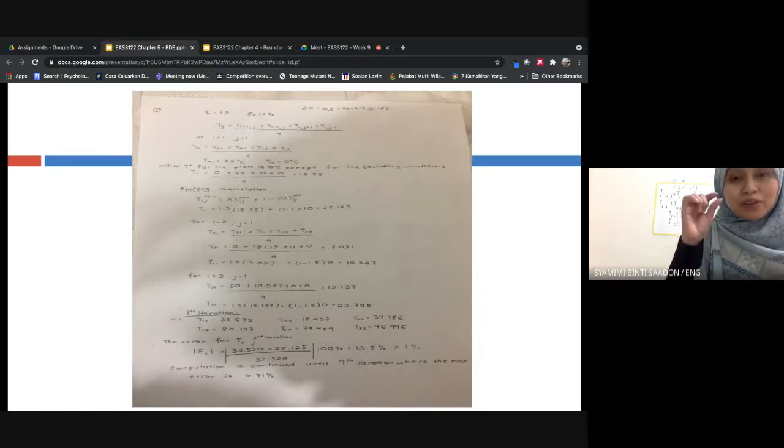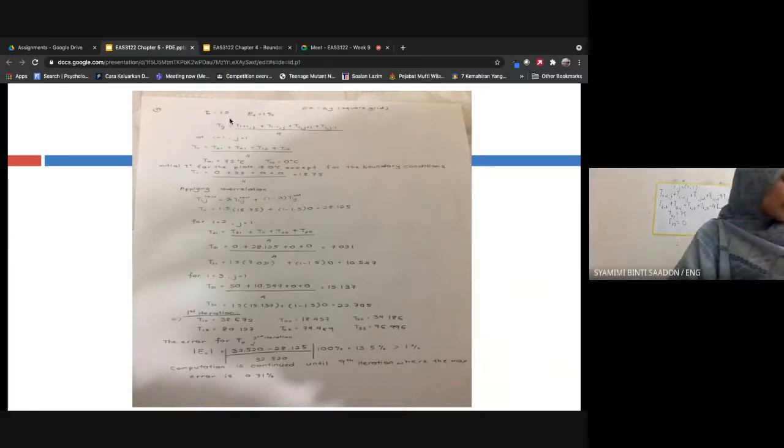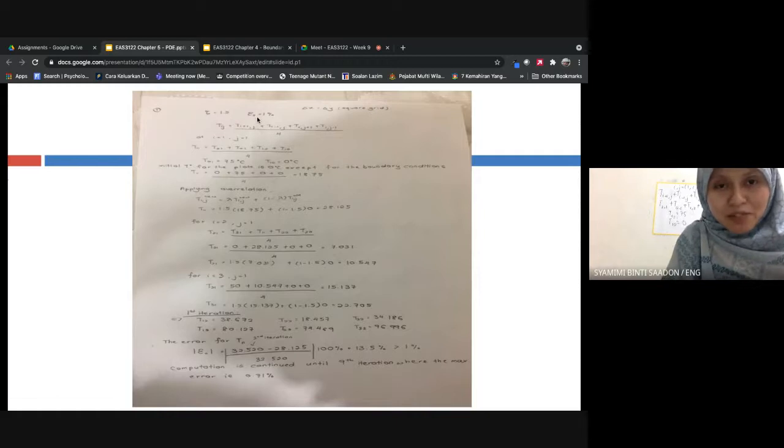So we are going to stabilize the solution that we get. And the epsilon, the difference, is 1%. We target to achieve a 1% error.